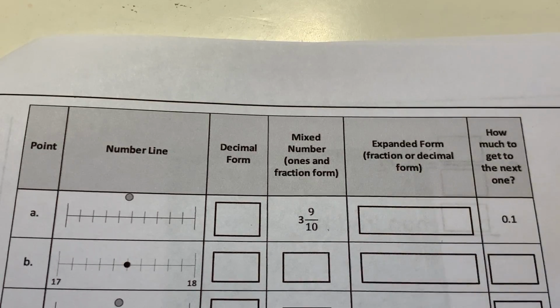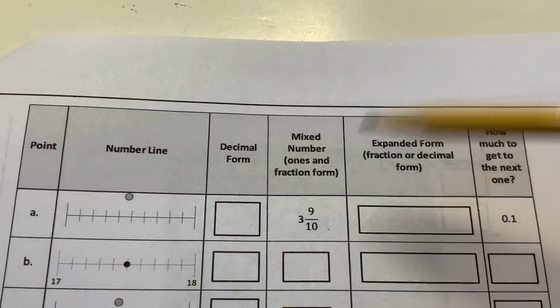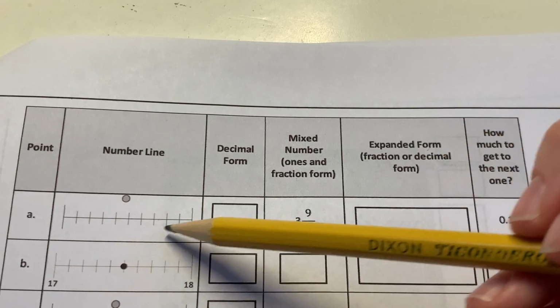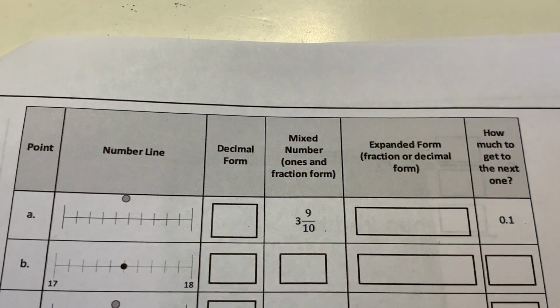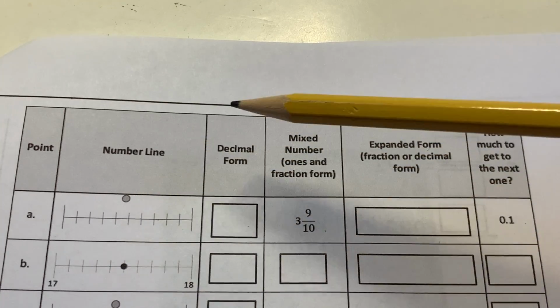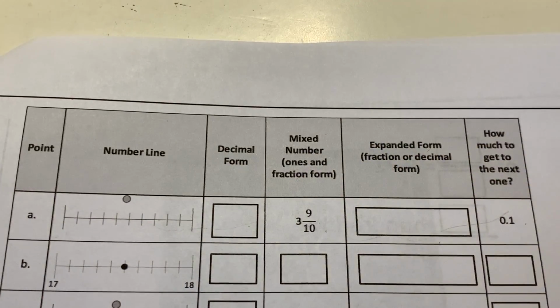I don't care whichever you choose. And how many you would need to get to the next one, so the next whole number. So this is 3 9/10. You will need to label this number line on your own. All of these number lines have been broken up into tenths, so keep that in mind. Go ahead and try this first row on your own.